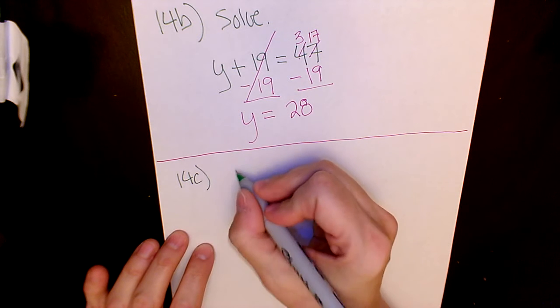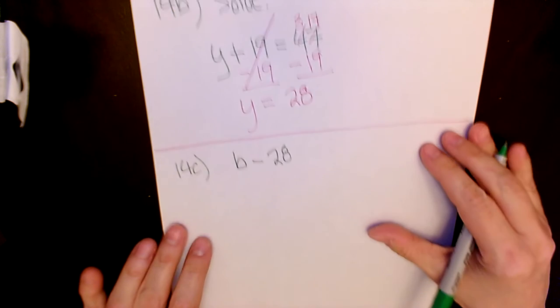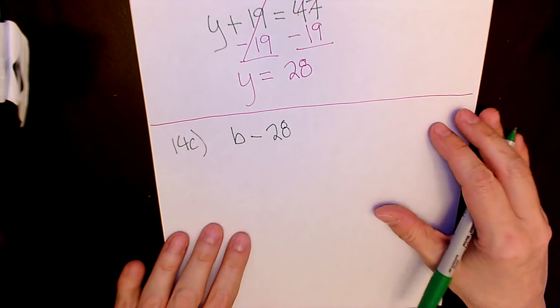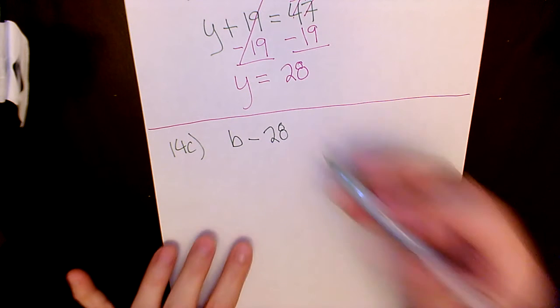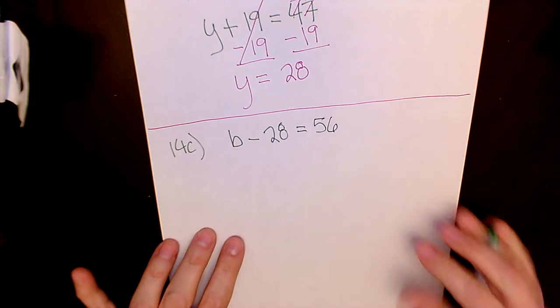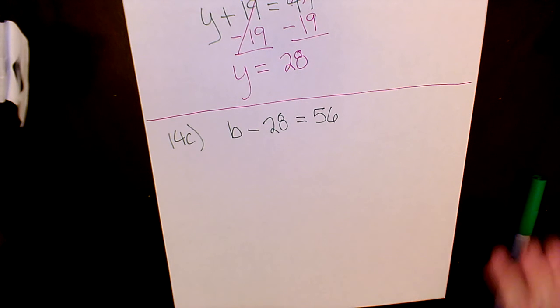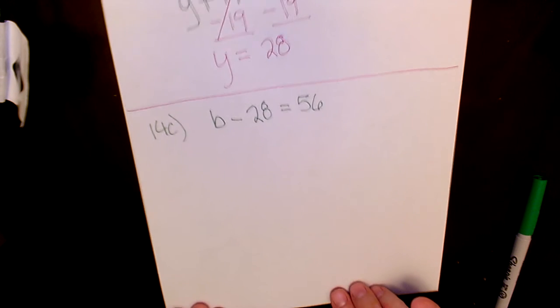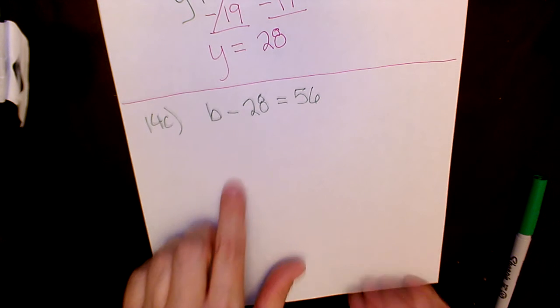14C. I want to know what number B is. When I subtract 28, I'm going to get 56. So this is a lot like part A. Again, I want to get rid of this minus 28.